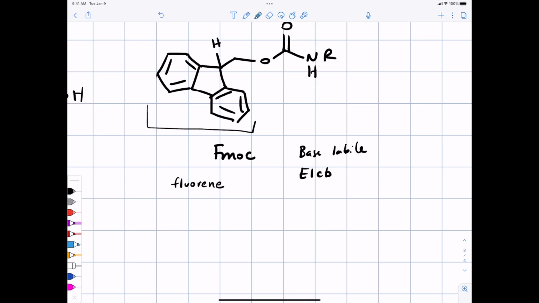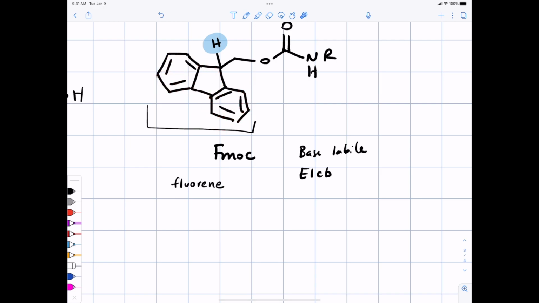So this proton is somewhat acidic. Could you tell me why? Why is it somewhat acidic? Resonance stabilized and aromaticity. How many electrons would be part of that conjugated pi system if we removed the proton? 14. The whole thing, right?